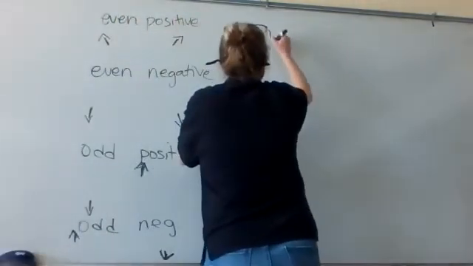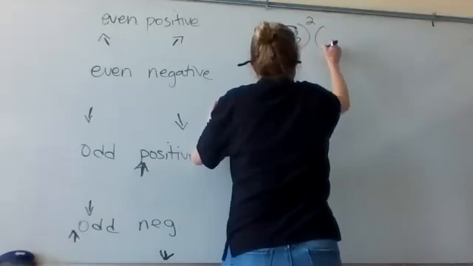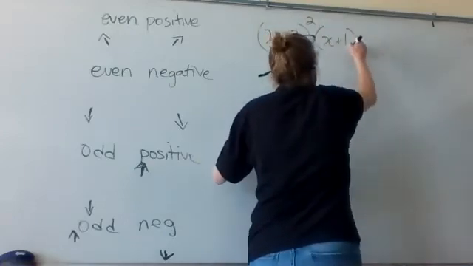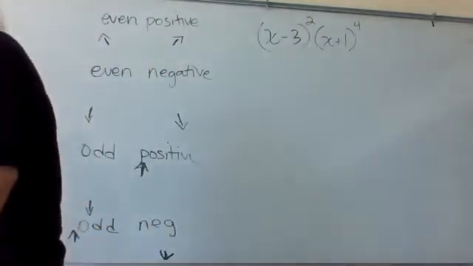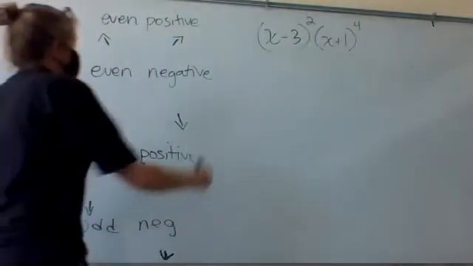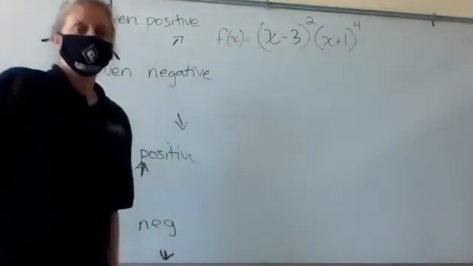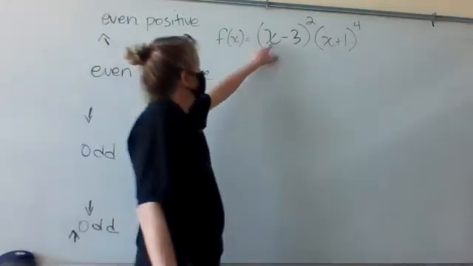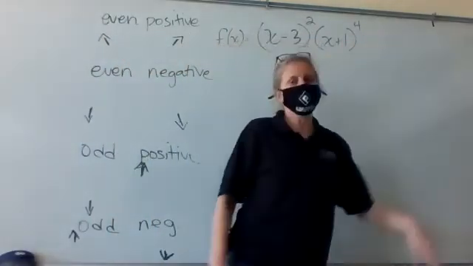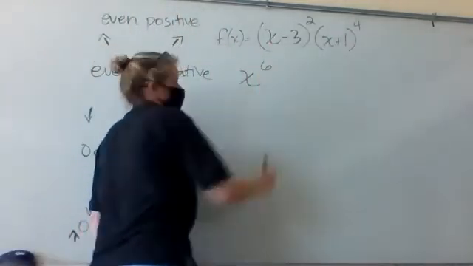X minus 3 is x squared, and then x plus 1 is x to the 4. So, add your x's. That's going to give me x squared. That's going to give me x to the 4th. So if I put them all together, I'm going to have x to the 6th.